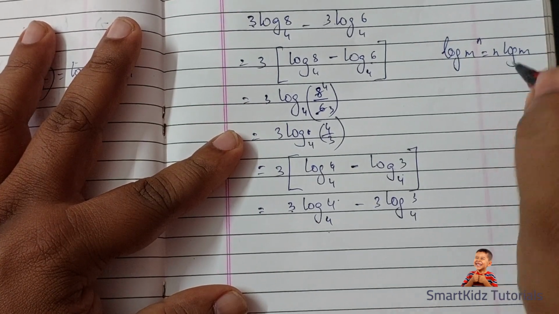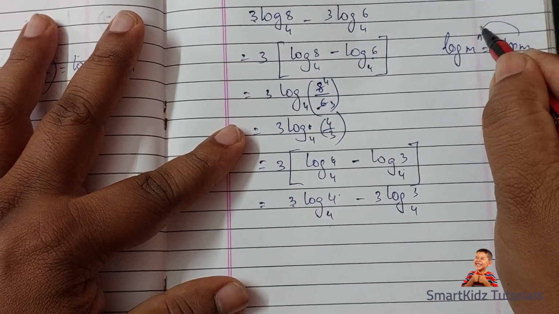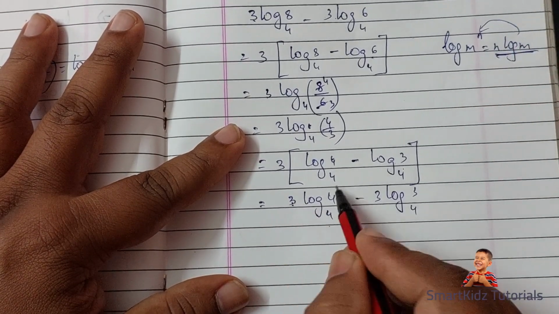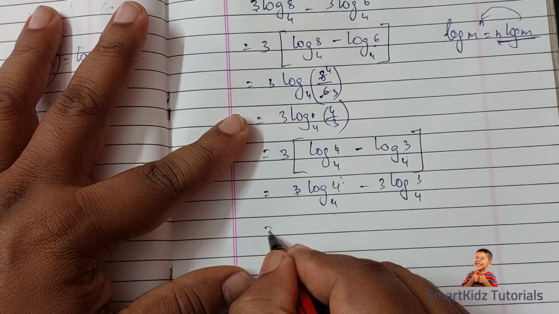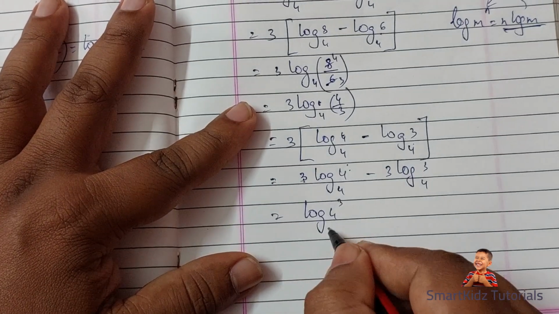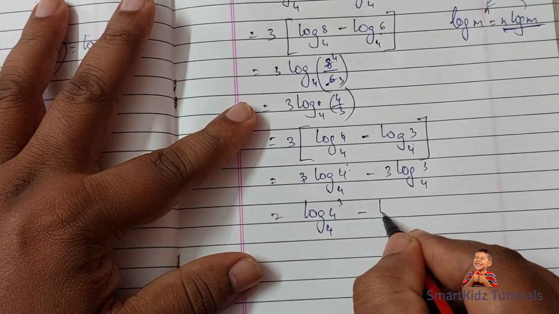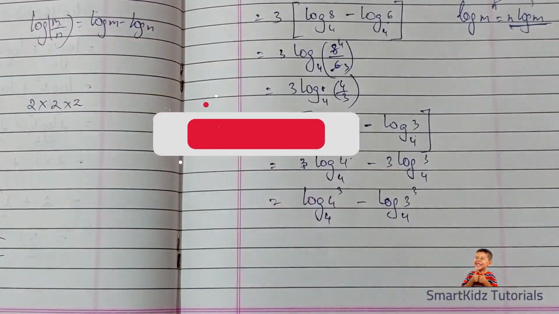Now what we see over here is in this form. We need to convert it to this form. That means the power has to go back to its original place. So this can be written as log of 4 cube to the base 4 minus log of 3 cube to the base 4.